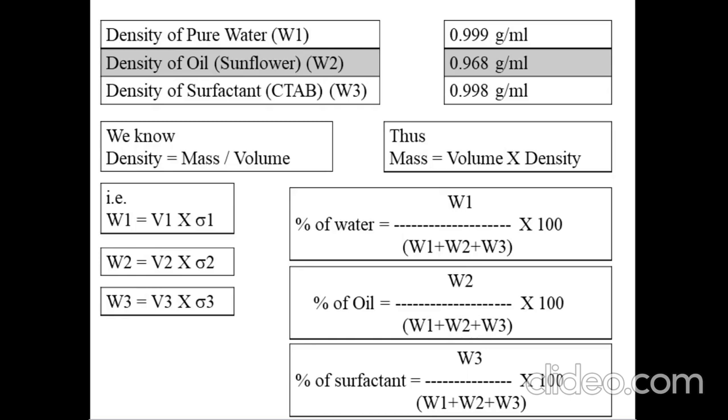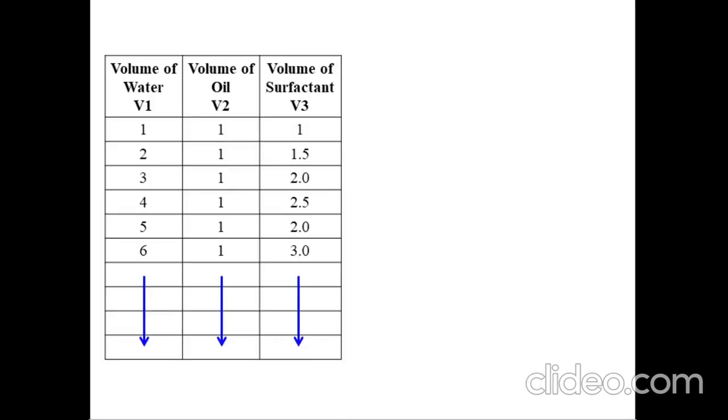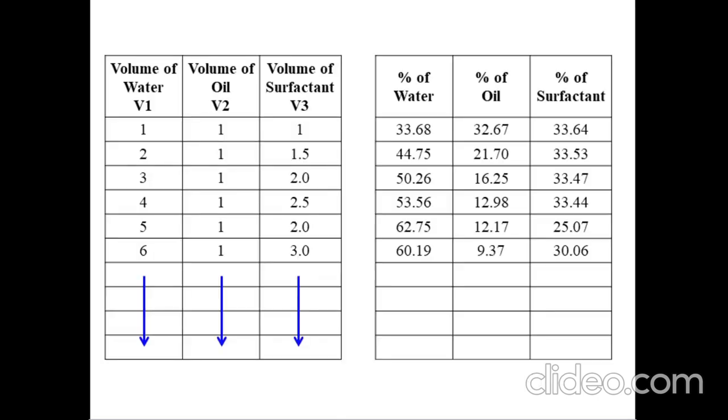So, from the volume and the density, I have determined the percentage of the three component system. Accordingly, this is the percentage of the three component system which was calculated for the given set of data. So, if you take 1 ml of water, 1 ml of oil and 1 ml of surfactant, the percentage calculated for the three component system will be as shown here.